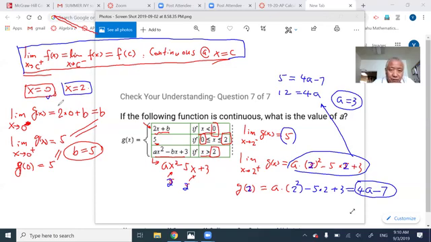At x equals 0, with the left limit, right limit, and function value, you solve the equation and find b equals 5. Then we apply the same definition at x equals 2, make the left limit, right limit, and function value equal, and you get a equals 3.